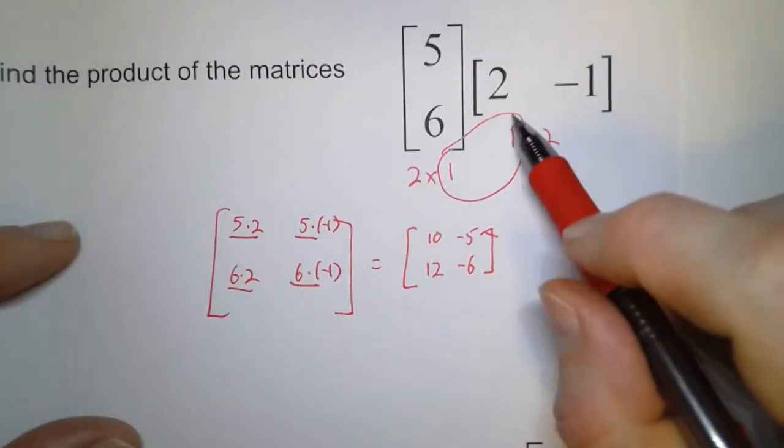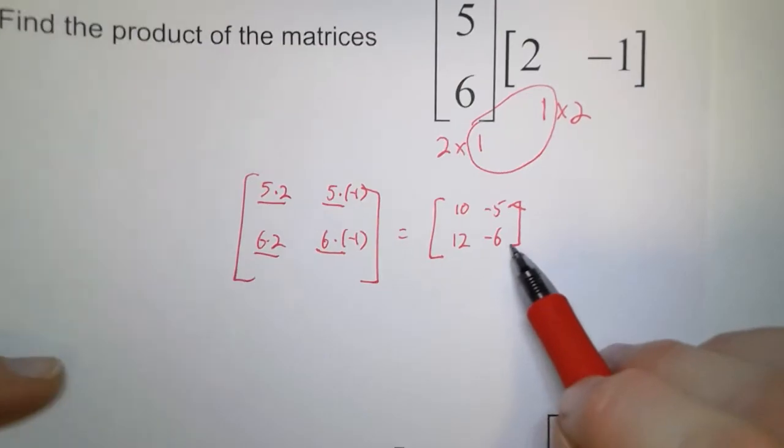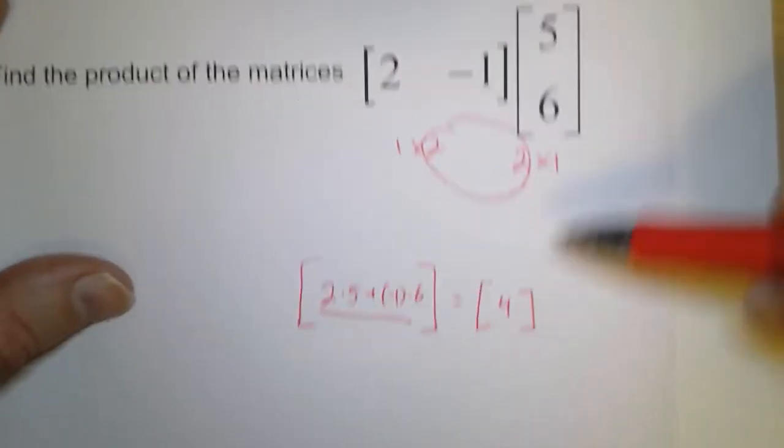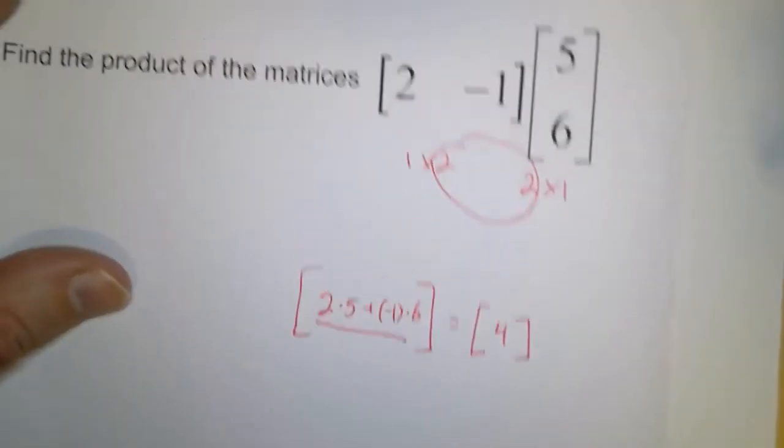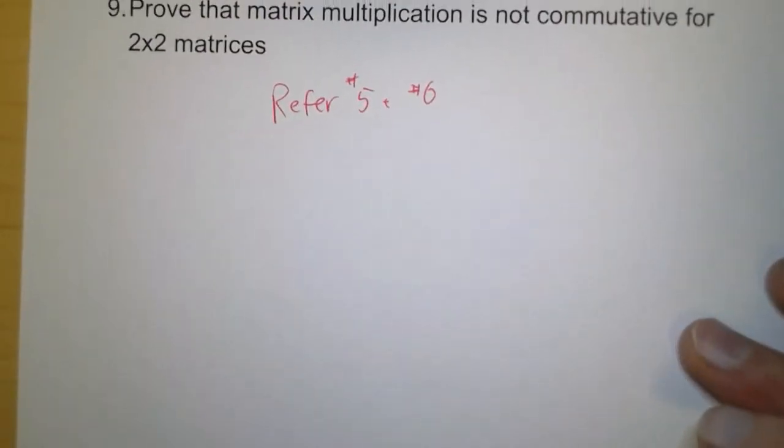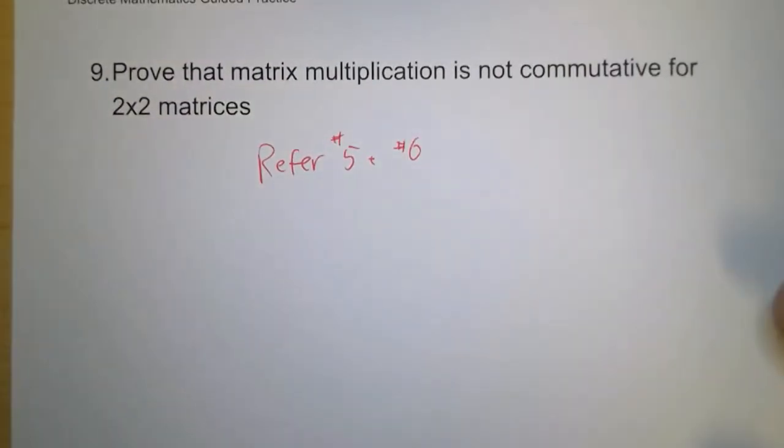And so here we've got this matrix, and we got this answer. And then we flipped it around, we got a totally different answer. And when you're trying to say that something is commutative, it has to be true all the time. And we just showed, just by one example, that it's not true all the time. And since it's not true all the time, we can't say that it's commutative.